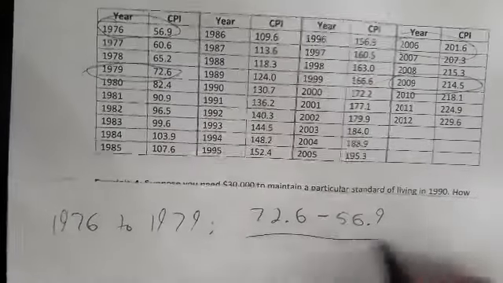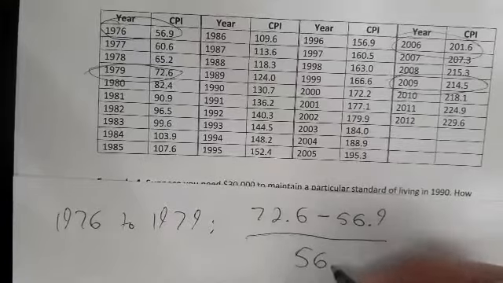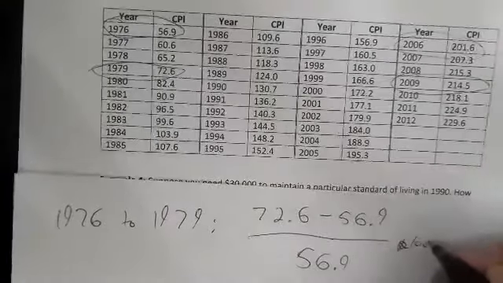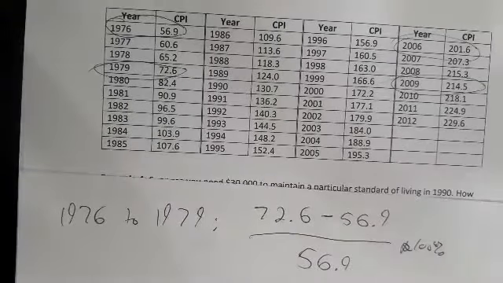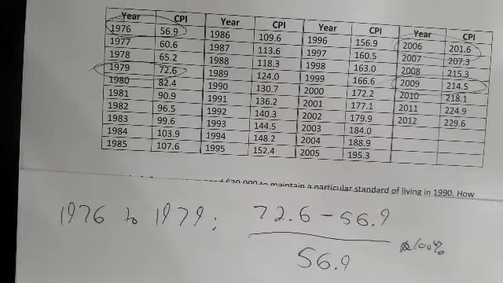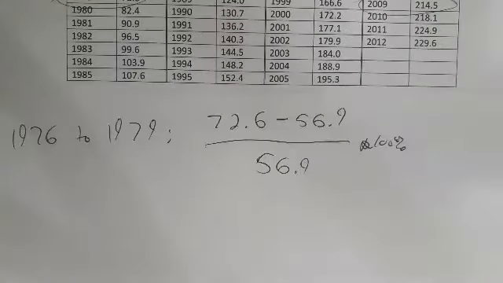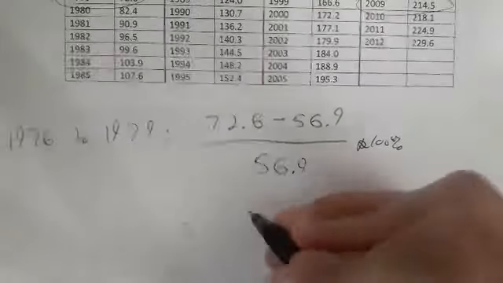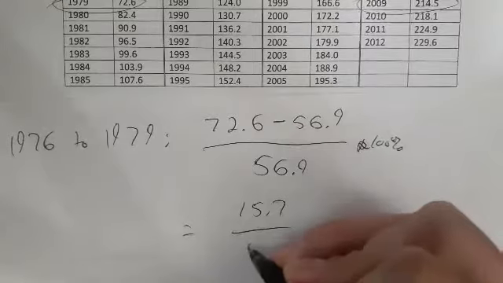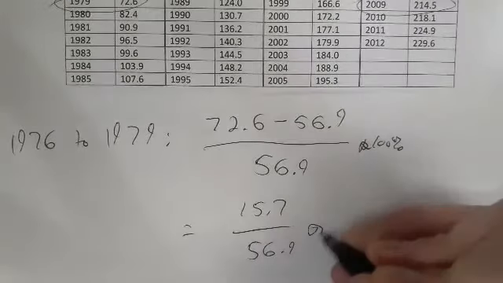If I want the relative difference, I have to divide this by 56.9 and convert it to a percentage. If I take 72.6 and subtract 56.9, I should get 15.7. Then 15.7 over 56.9, converted to a percent.